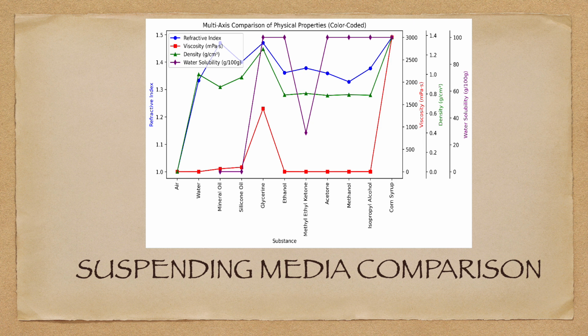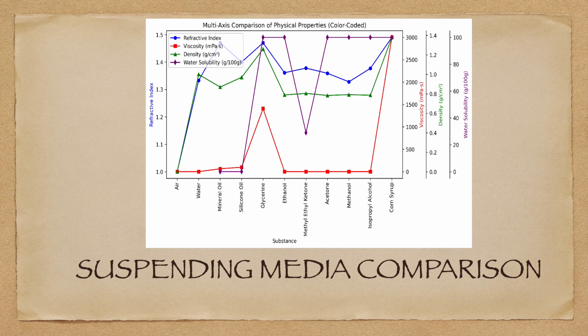Water is included for completeness' sake. Then mineral oil and silicone oil are noted. Then glycerin, ethanol, and a variety of the other substances. The refractive index will be discussed more on the next slide, which is much more understandable.